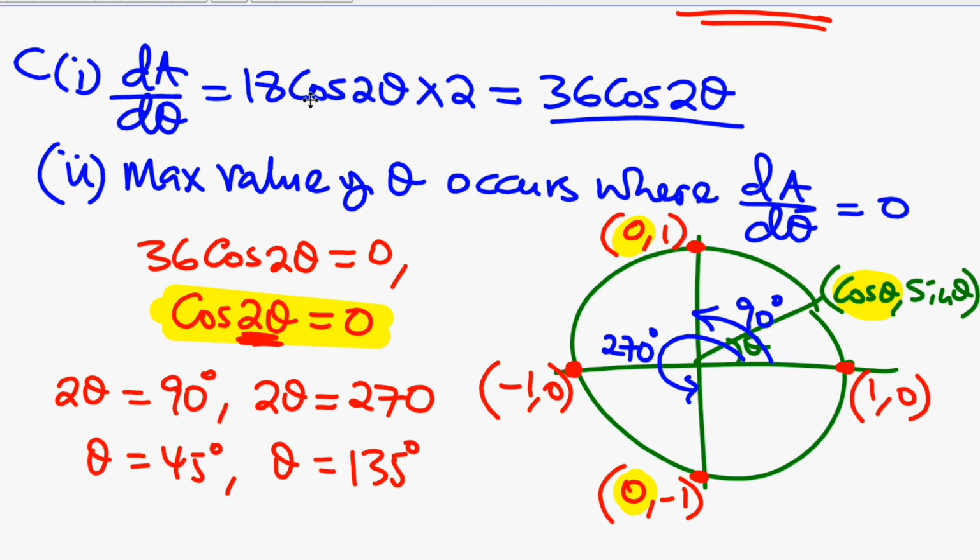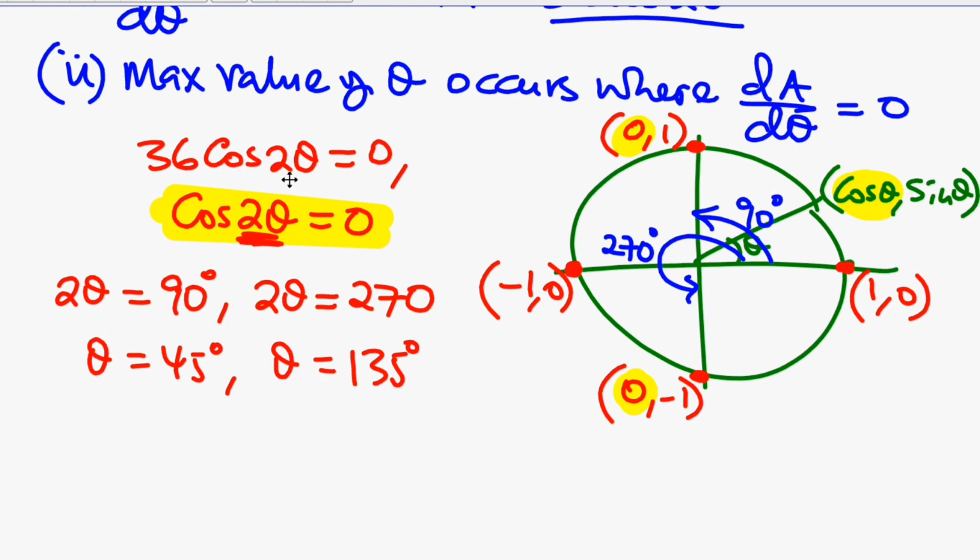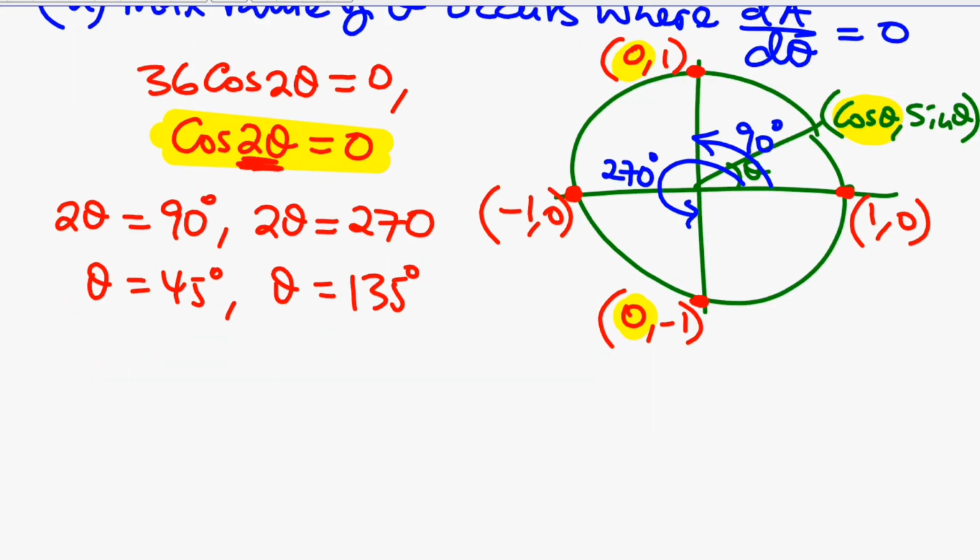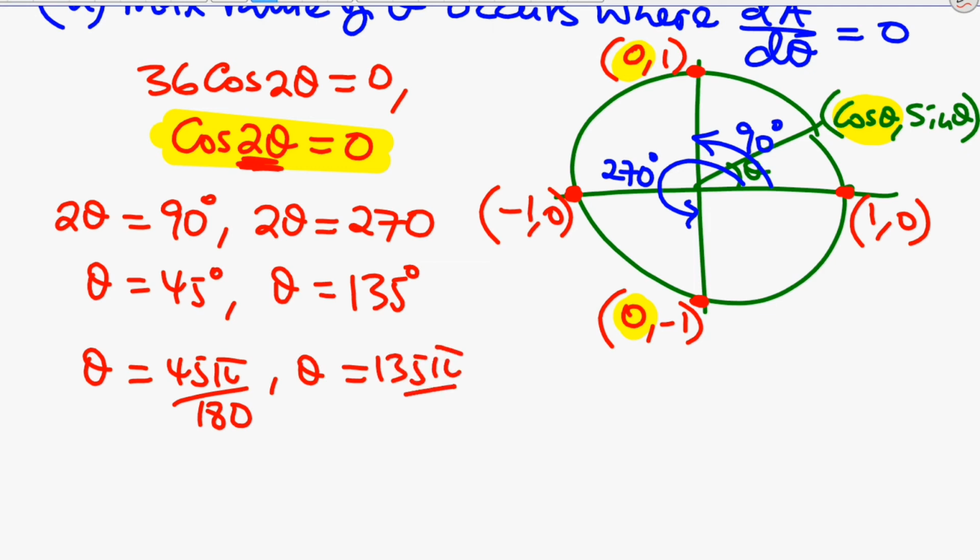But we are not working in degrees. We need our answers in radians, so let's convert. Theta will be 45 pi over 180, and theta here will be 135 pi over 180, which is pi over 4, and this will be 3 pi over 4.